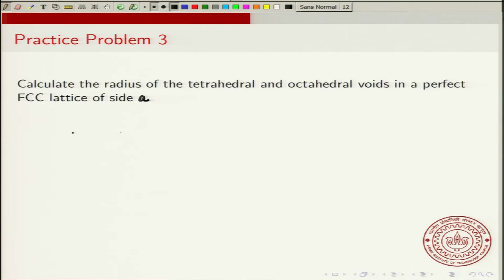Now to do this, let's recall a few things about the FCC lattice. In an FCC lattice, the face center atom is in contact with each of the 4 corner atoms. But the corner atoms are not touching each other.